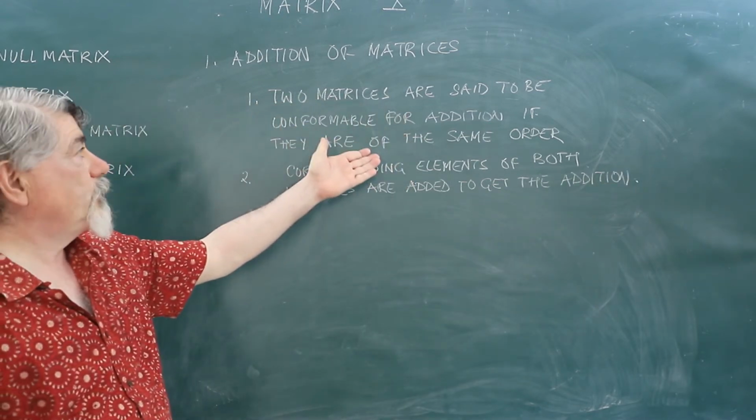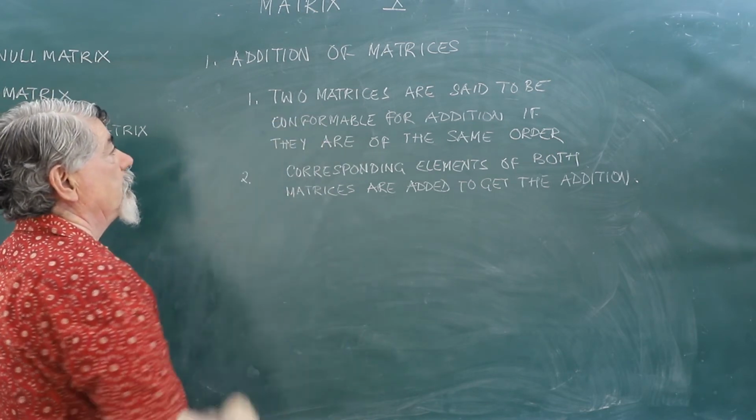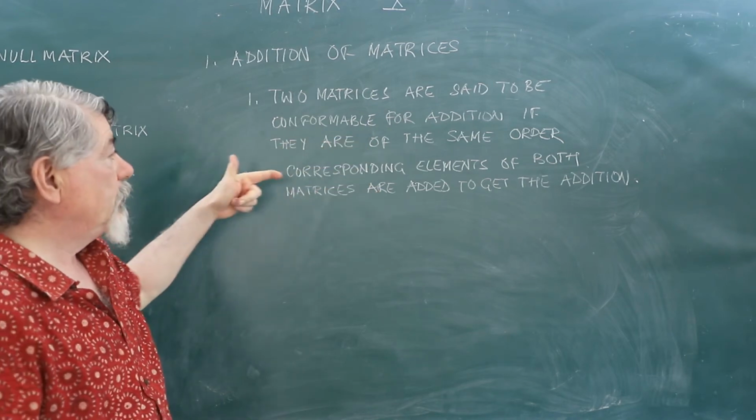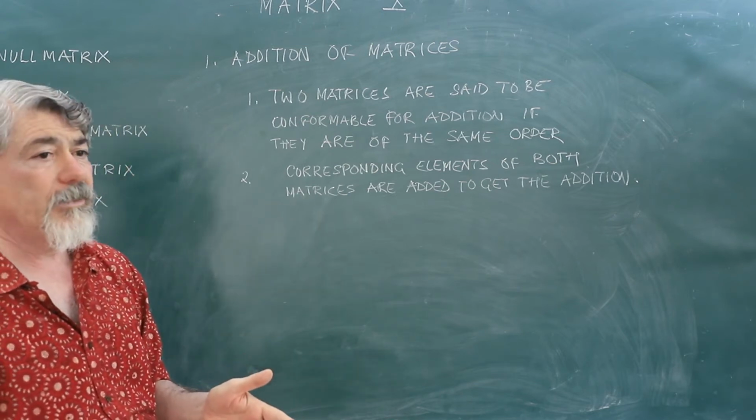Two matrices are said to be conformable for addition if they are of the same order. Corresponding elements of both matrices are added to get the addition.